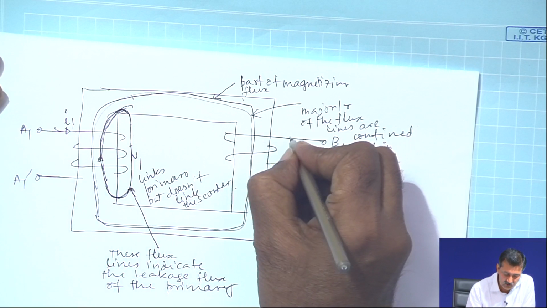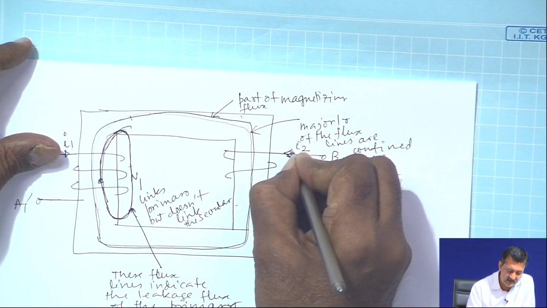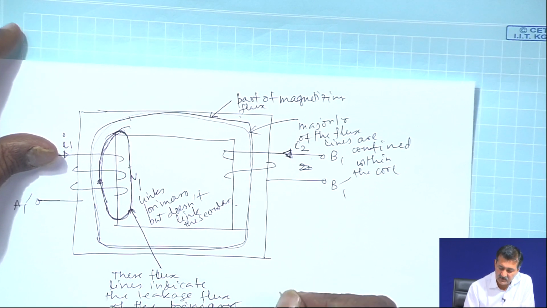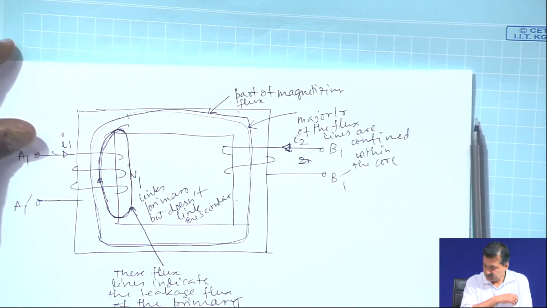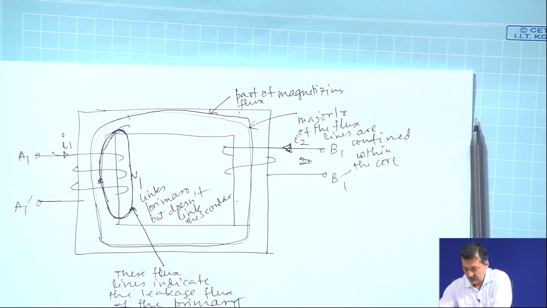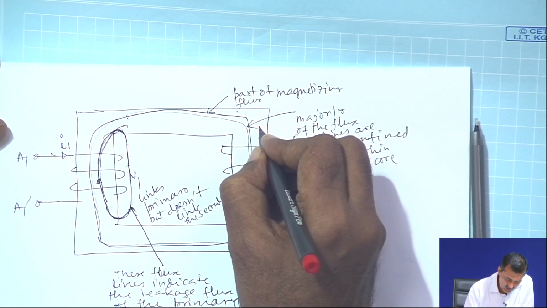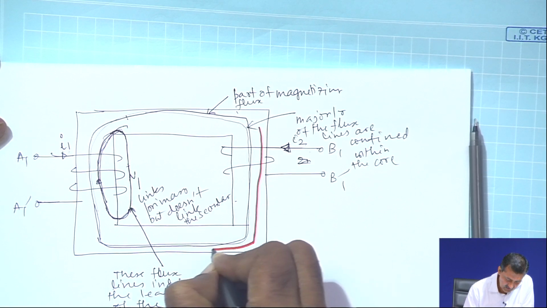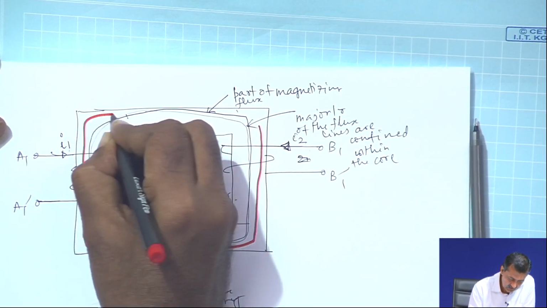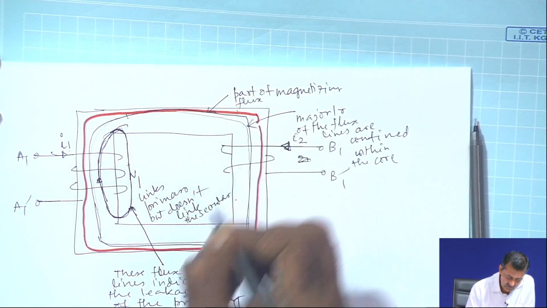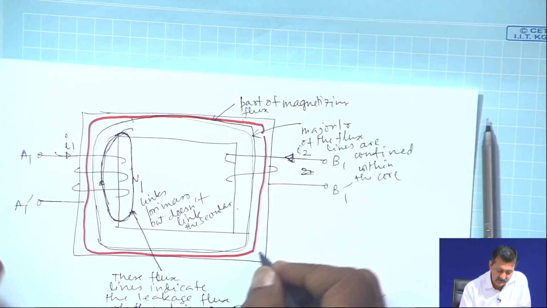Then that has also created some flux lines, let me draw it with the red pen.